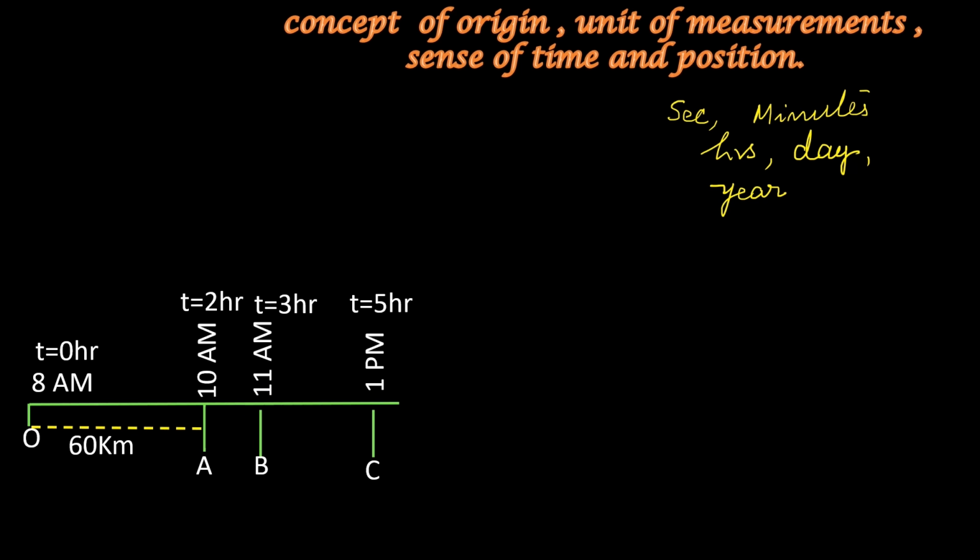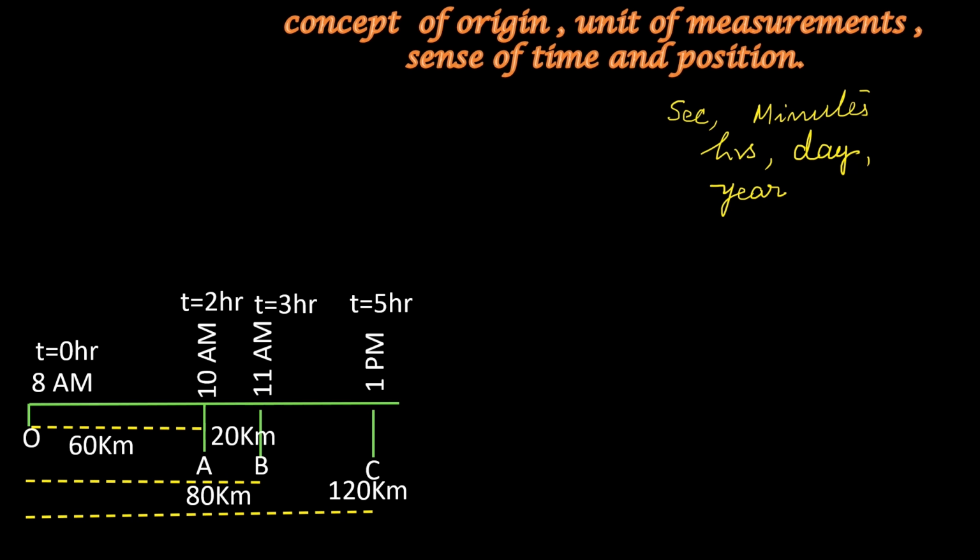Point A is at 60 kilometers from origin, point B is at 80 kilometers, and point C is 120 kilometers from the origin. Distance between A and B is 20 kilometers and B and C is 40 kilometers. Now, how to get the concept of position? Time is represented along the x-axis.